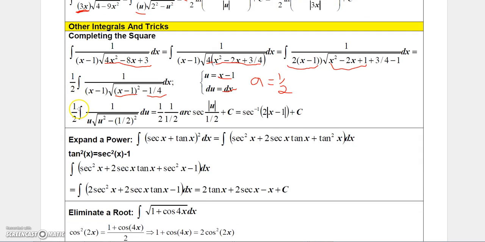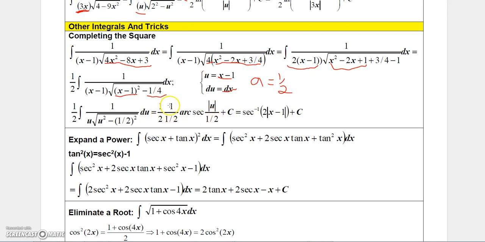But there is another formula, and if you go look it up, you can see that when you have du over u times the square root of u squared minus a squared, it's actually going to equal 1 over a times the arc secant of the absolute value of u all over a plus a constant.